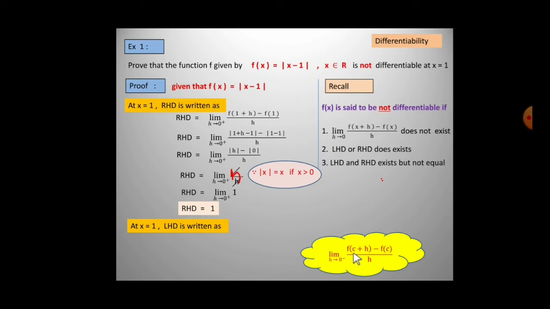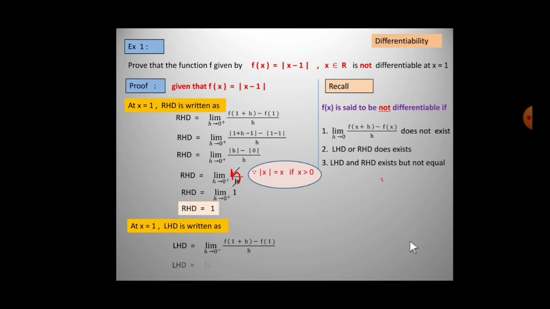So in this also, at which point is it given? 1 point. Therefore c is replaced by 1. So left hand derivative is written as limit as h tends to 0 minus f of 1 plus h minus f of 1 divided by h.